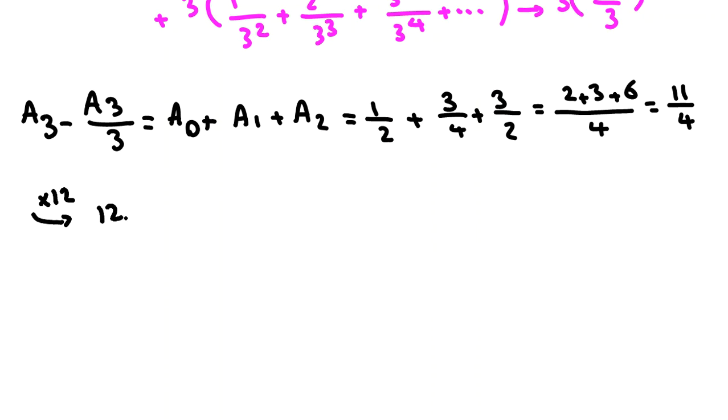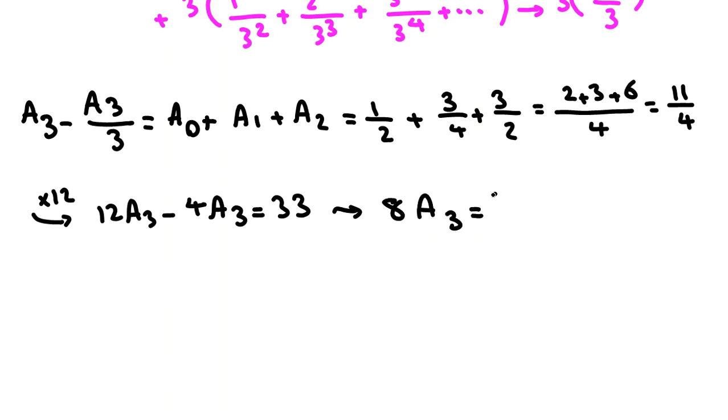So it will be 12A3 minus 4A3 equal to 33, because 12 times 11 over 4, 3 will be left, 3 times 11 is 33. So it will be 8A3 equal to 33, and we can conclude, if we divide both sides by 8, A3 equals 33 over 8.